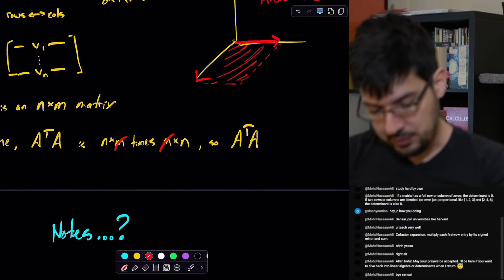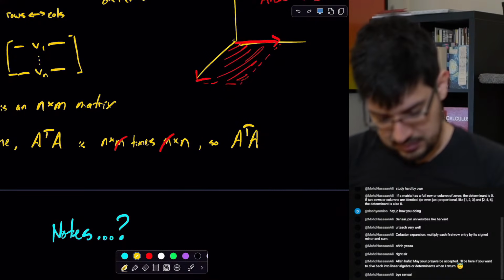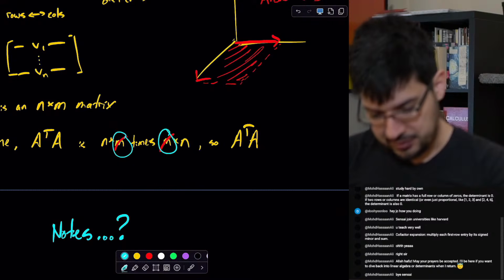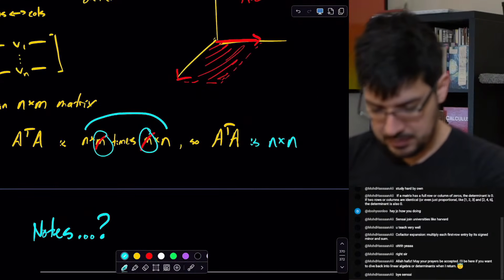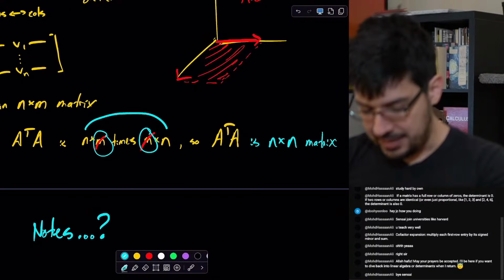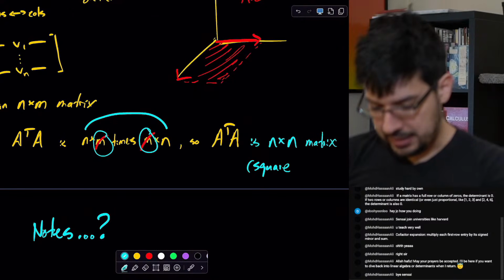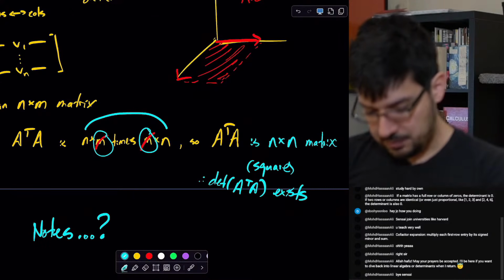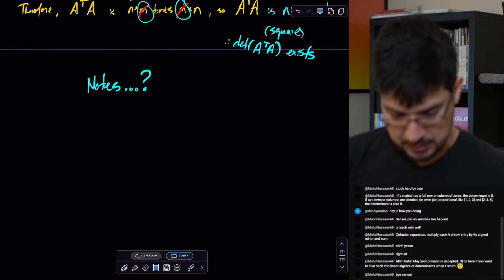But if I'm honest with you, I remember it as this second number needs to match the first number. And then we get an n by n matrix, also known as a square matrix. Therefore, determinant of A transpose A exists, because the determinant is only defined for square matrices.